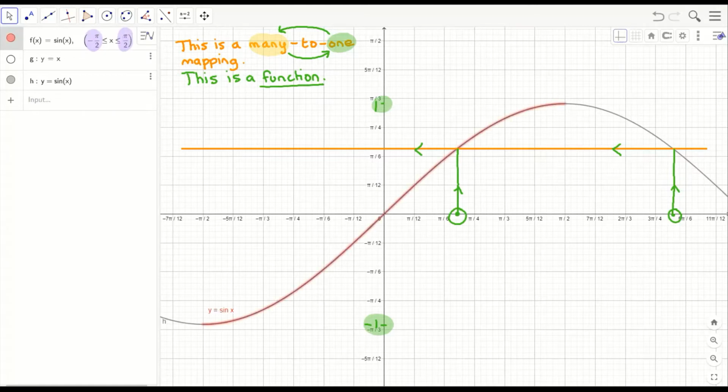I'm just going to overlay that graph there. Now, there we go. I'm going to get rid of the sine graph. So we've now restricted the domain from negative pi over 2 to pi over 2. Now, notice what happens if I apply the horizontal line test.